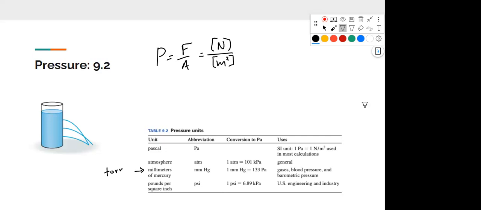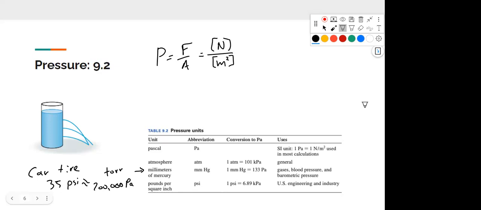And then in the US, we often use PSI, pounds per square inch. As you can see, it's another force over an area. And a good rough number to know to help orient yourself is that a car tire is like 35-ish PSI, which is roughly like 200,000 pascals.